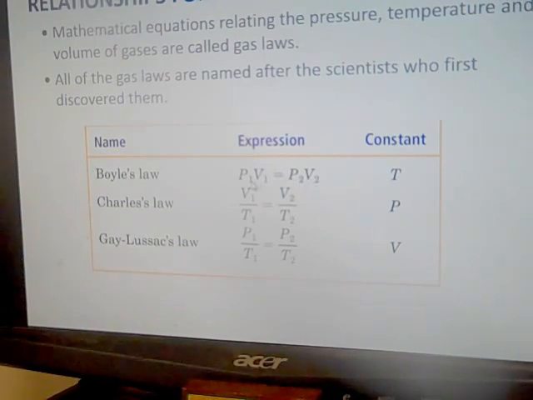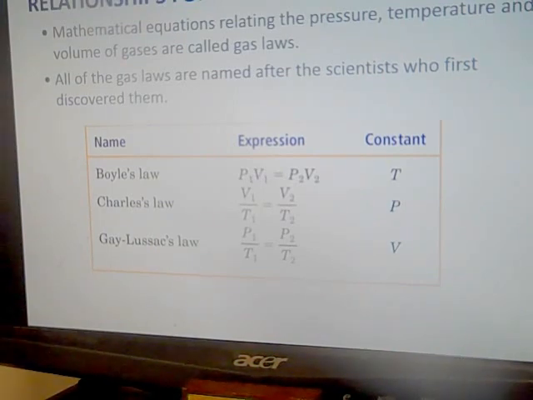This may also be written as P_i V_i equals P_f V_f, so there are different ways of writing that, but the point is that these are 2 different states. This is one state here, and this is a second state. The constants here correspond to what variable is held constant while you're looking at these other changes.